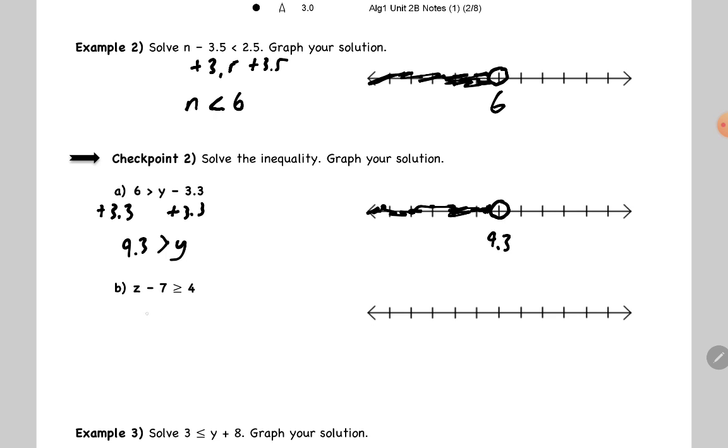Okay, let's do the next one. z minus 7 is greater than or equal to 4. So plus 7 to both sides, and we'll get z greater than or equal to 11. So we put 11 here. We put a closed dot because it can be equal to 11, and greater means to the right.